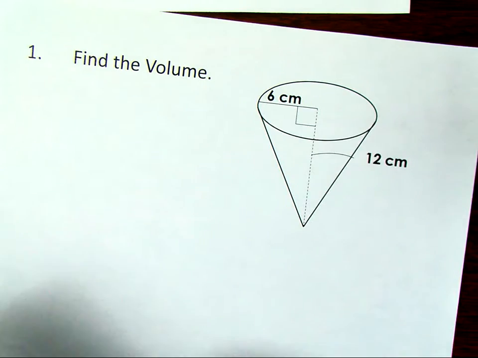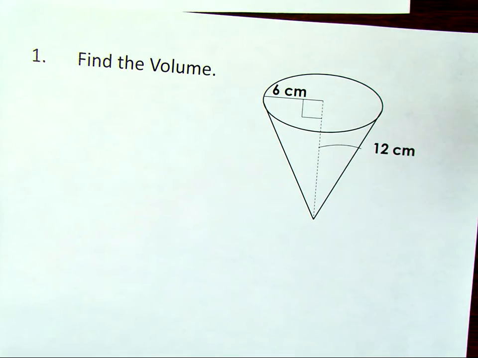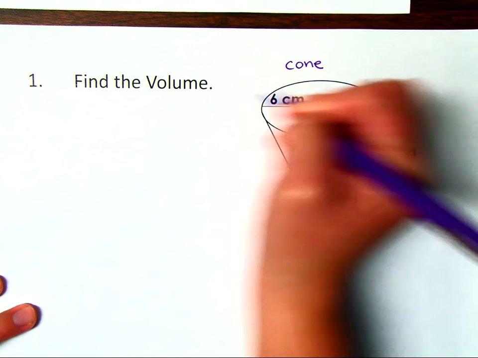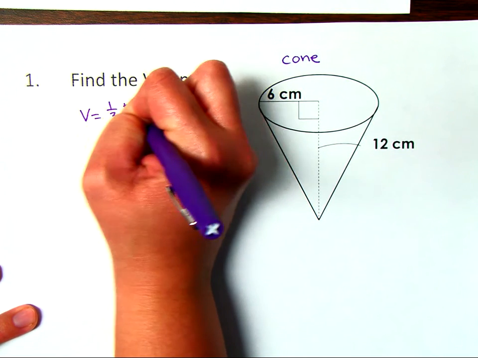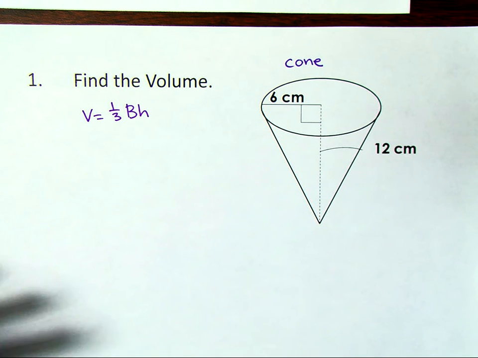So this is the formula that we're going to use for a cone. So that's what we always want to start with. So identify the shape. This is a cone. If we wanted to do the volume, we say volume equals 1/3 area of the base times height. Well, just like a pyramid, a cone only has one base. So a cylinder is like a curved prism that has 2 bases.